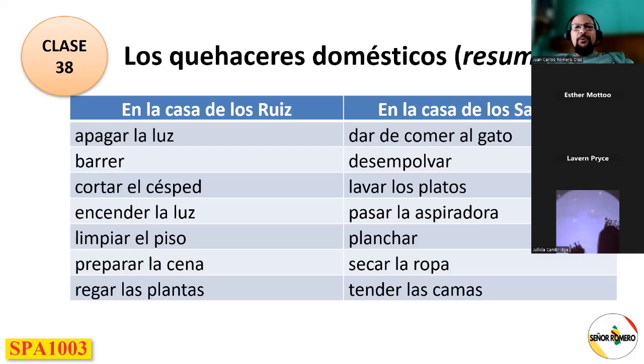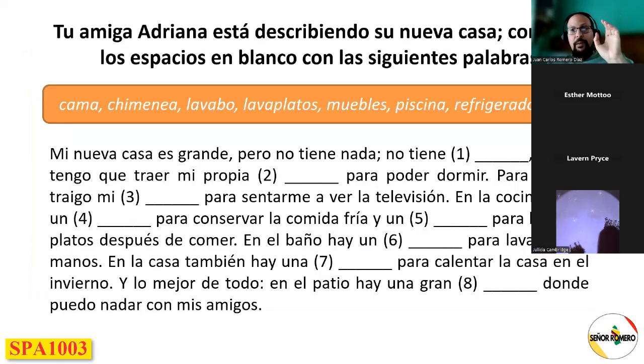So we want it or not, we have to barrer, that means sweep, limpiar el piso, clean the floor, preparar la cena, prepare the dinner, regar las plantas, water the plants, and so on. So household chores. Again, class number 38, and you will see the meaning of all these expressions, which are household chores. Let me go back, please. Let me go back because I don't remember out of my head.